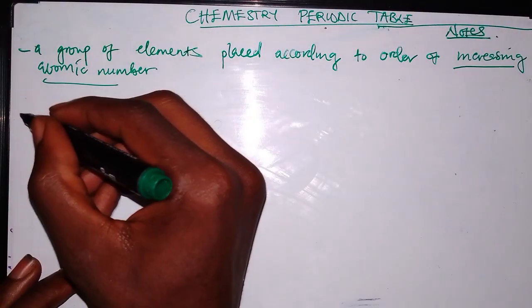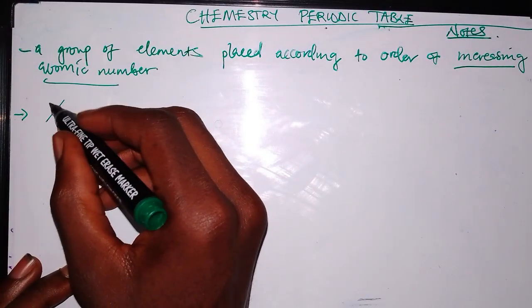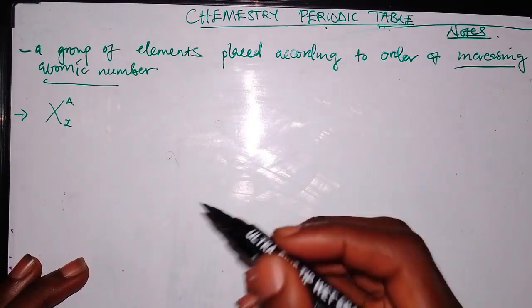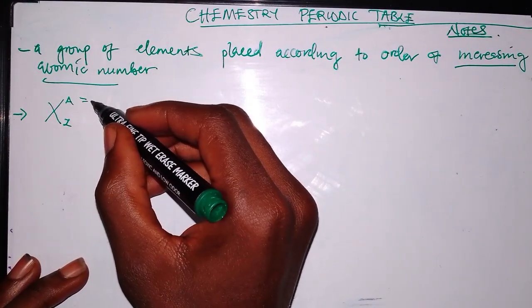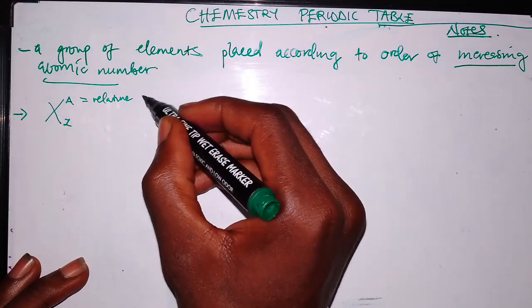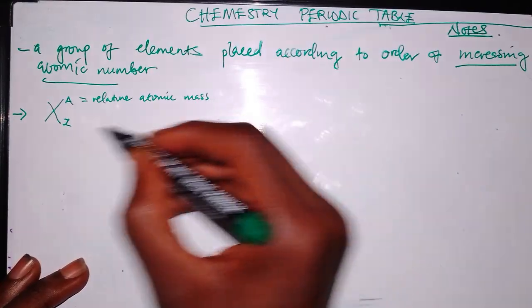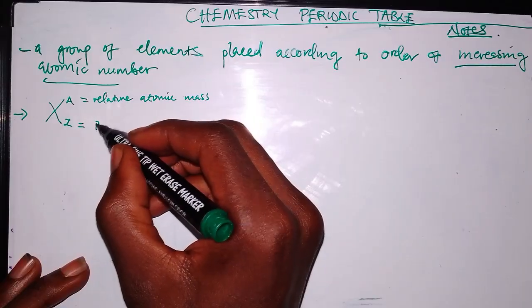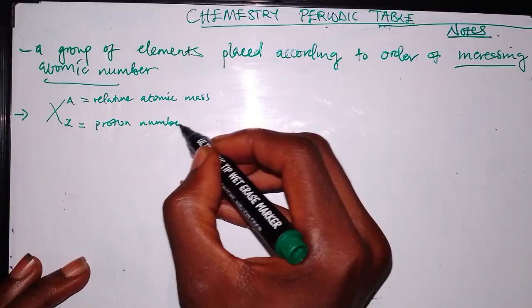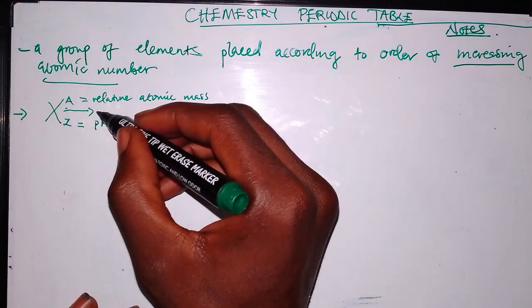If you look at the bottom of your periodic table, you will see a letter X with A and Z. A represents the relative atomic mass. Then Z represents the proton number. Then X is the atomic symbol or the element.